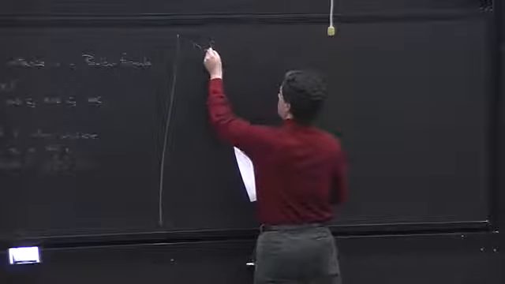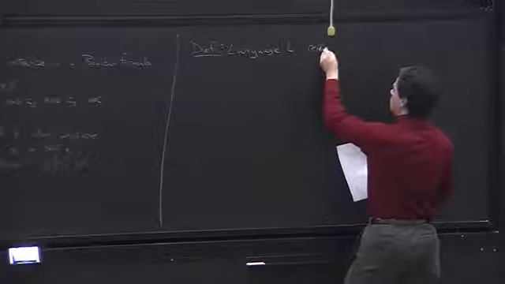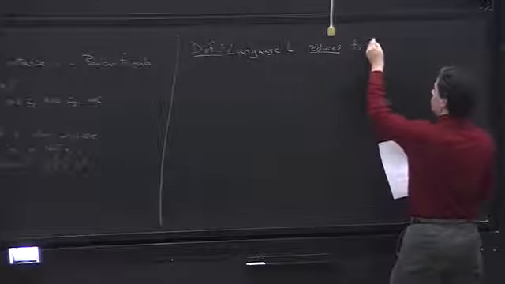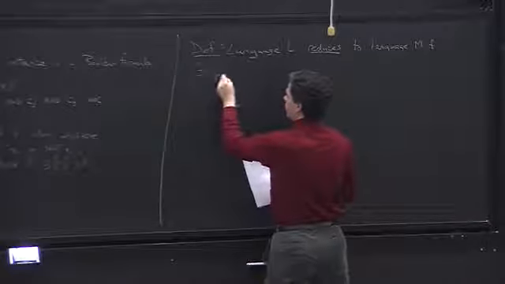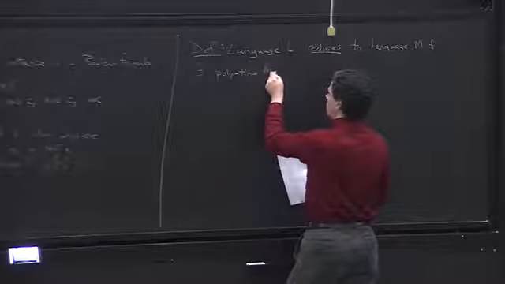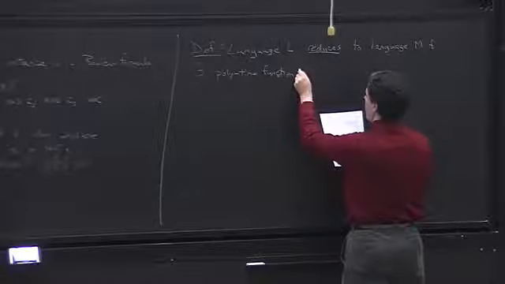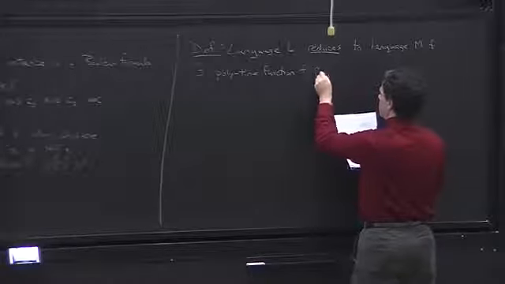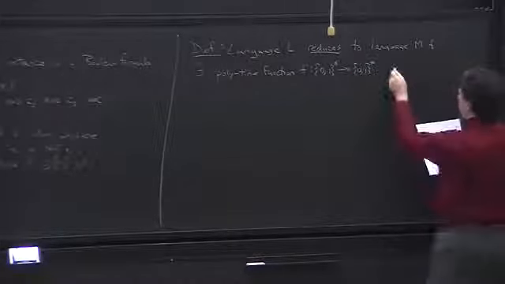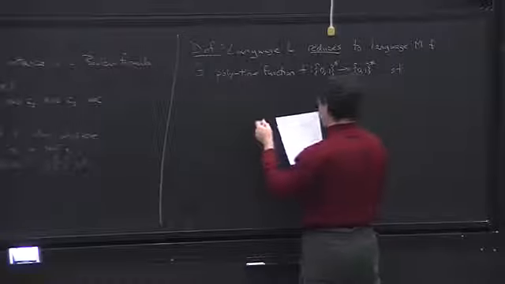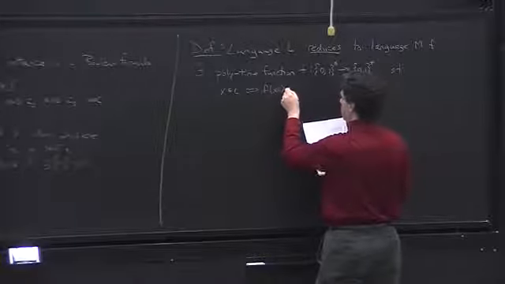So we say that a language L reduces to another language M if there exists some polynomial time function f that maps words to words, so it's mapping {0,1}* to {0,1}*, such that x is in L if and only if f(x) is in M.